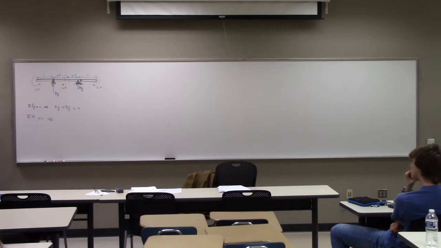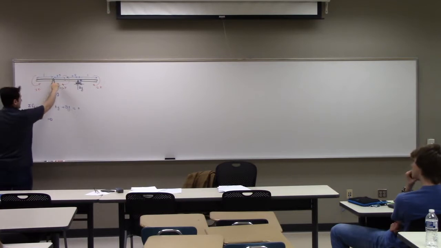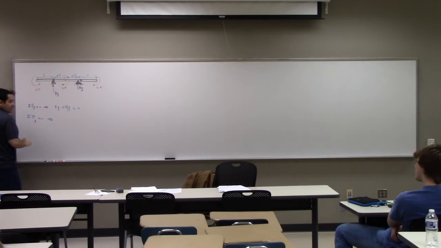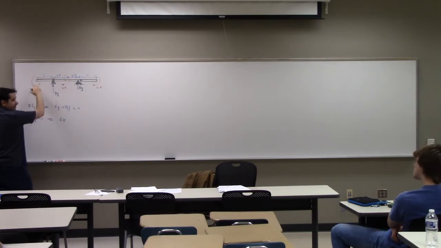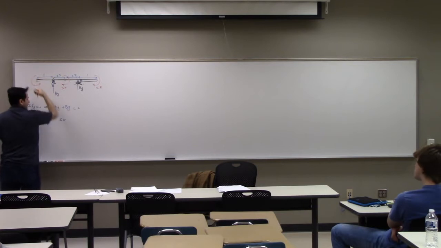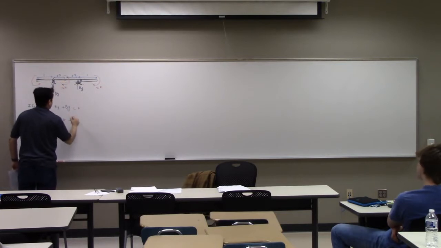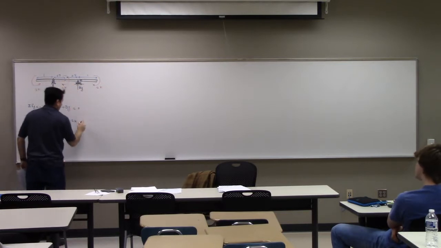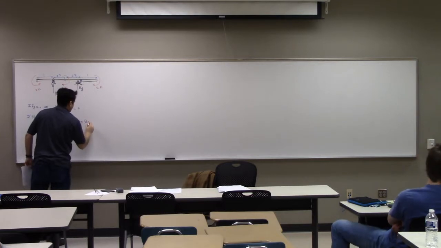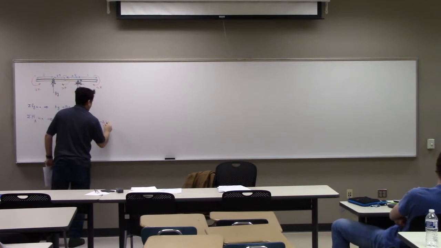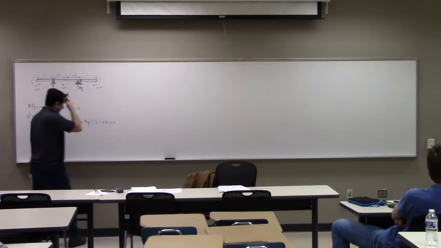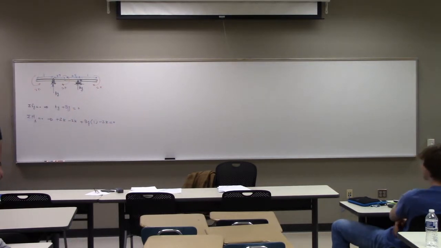Either A or B. So I take this point, A. Then I get, starting from this, positive 2K. It doesn't have a moment, it goes through A. This one, negative 2K. And that one, plus BY times 1 positive, and then negative 2K is equal to 0. That's all you have, right?